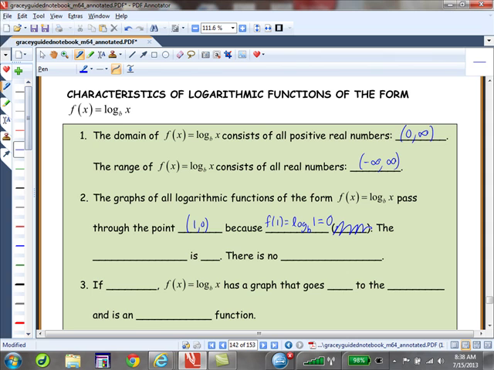The x-intercept, therefore, is 1, 0. There is no y-intercept.